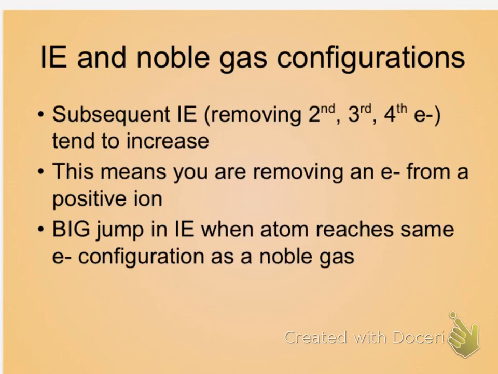Because now you're not taking an electron off a neutral atom, you're taking it off a positive ion. And when you get to noble gas configuration, the ionization energy absolutely goes through the roof. And that's one way to tell when an ion has reached noble gas configuration. When you look at the amount of energy that it would take to remove another electron, and there's a huge spike in IE, oh, you must be at noble gas configuration, I'm sorry, not notation.